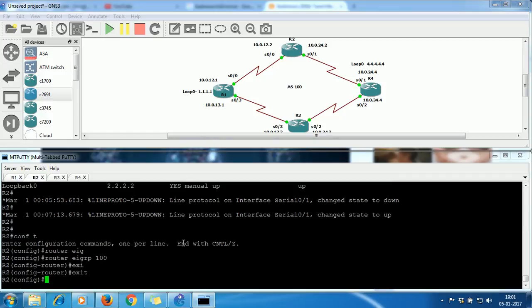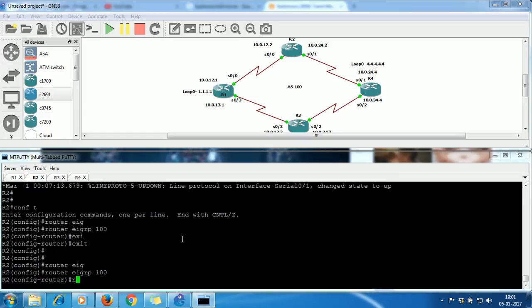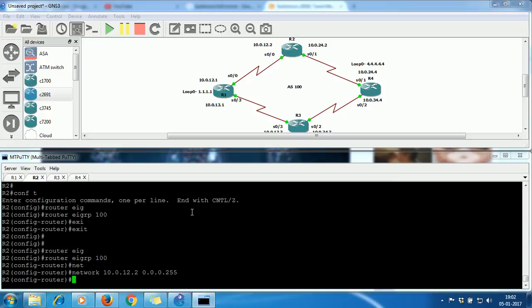So in router 2 now I am going to do the same thing. Router EIGRP 100, I'm going to advertise the networks that should get advertised in EIGRP. I'm not simply advertising all the networks. Whenever you're advertising, you need to advertise only the required subnets, not all the networks.